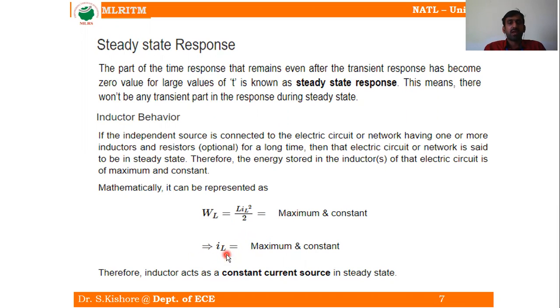That is the reason why this inductor is going to act as a constant current source in the steady state. So let us look at what is going to happen to the capacitor in the steady state.